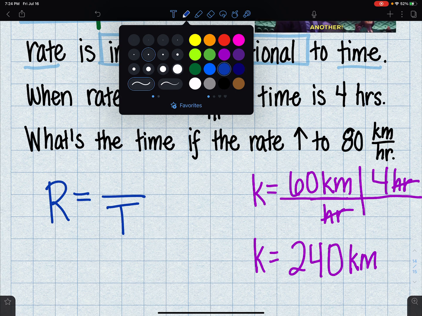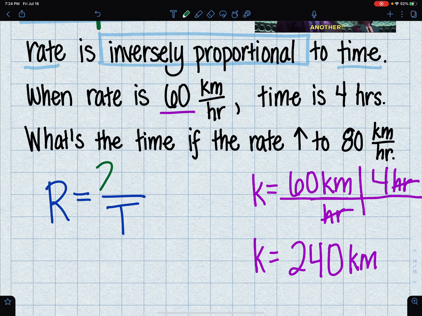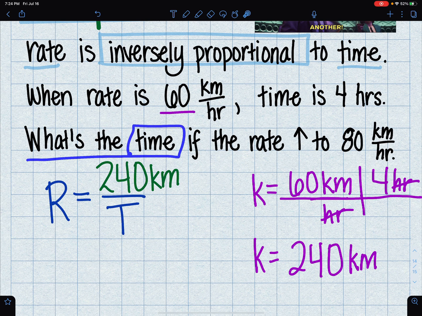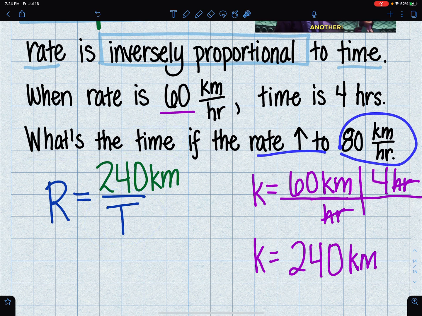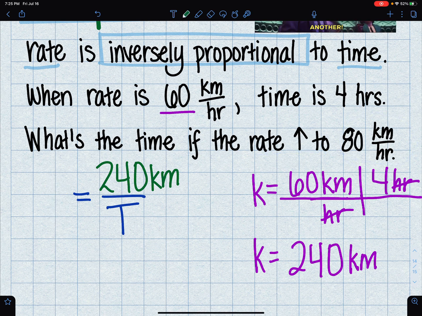So let's write that in there. That's the constant. Now, what they want to know is, what's the time, so we're going to be solving for time, if the rate goes up to 80 kilometers an hour? So the rate is going to be 80 kilometers per hour.